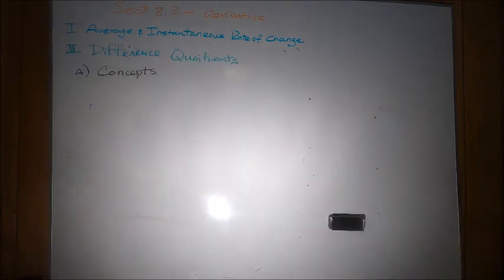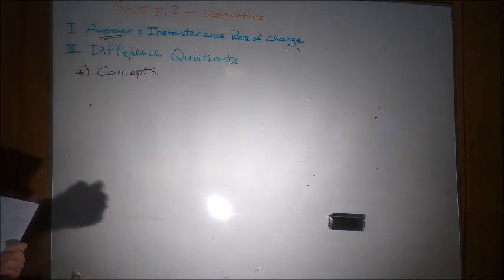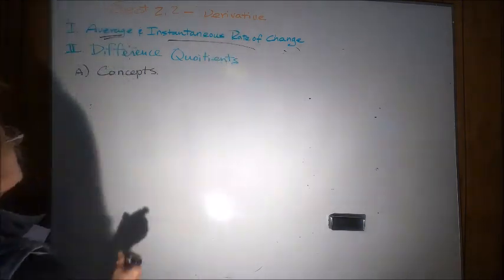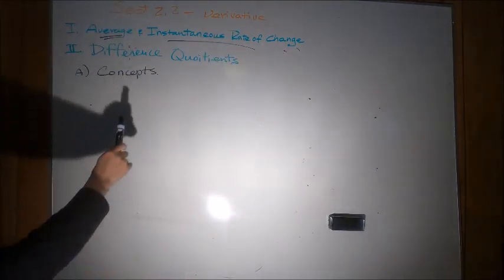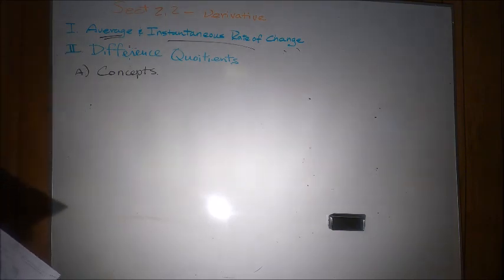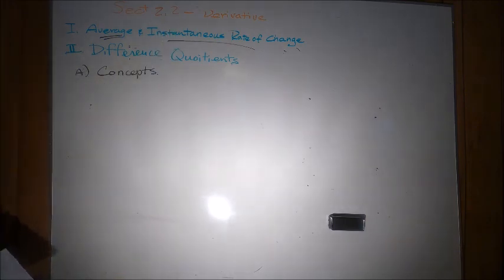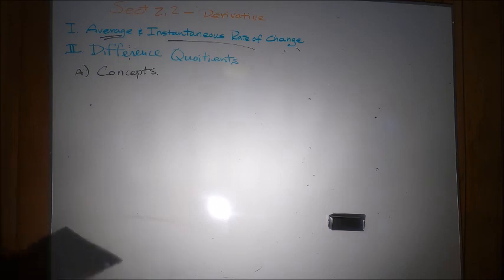Previously, we talked about what? Average and instantaneous rate of change. The instantaneous rate of change is derived from the concept of average. Then at the same time, we talked about the slope of the tangent line at that point, which is the same formula as instantaneous rate of change. Remember the limit, right? Then with the fraction behind it.